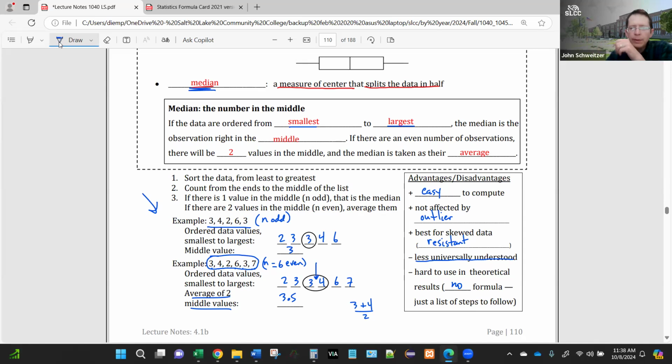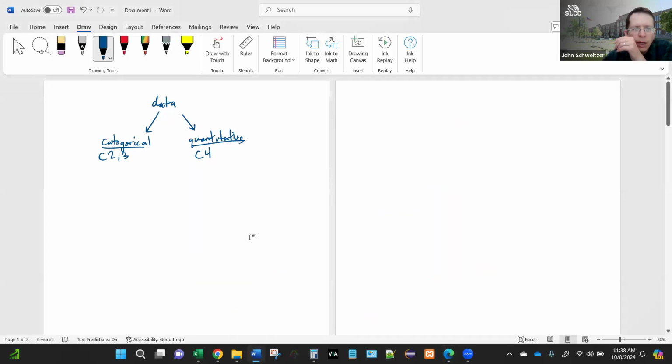So let me demonstrate this idea of resistance a little bit more. I think we talked about an example neighborhood last time. So let's say you live in a neighborhood. It's a very small neighborhood, so we can do the math fast. There are 3 houses there, and each house is worth $300,000.